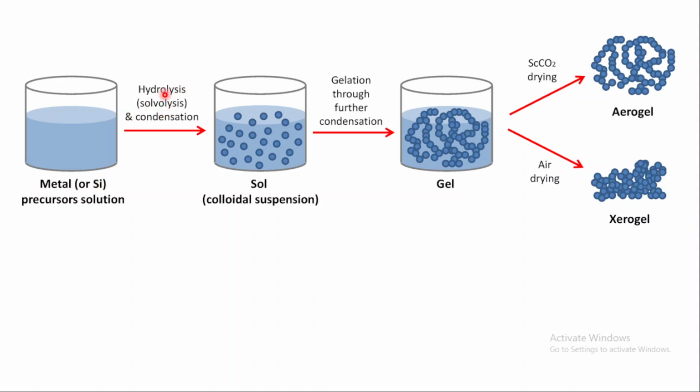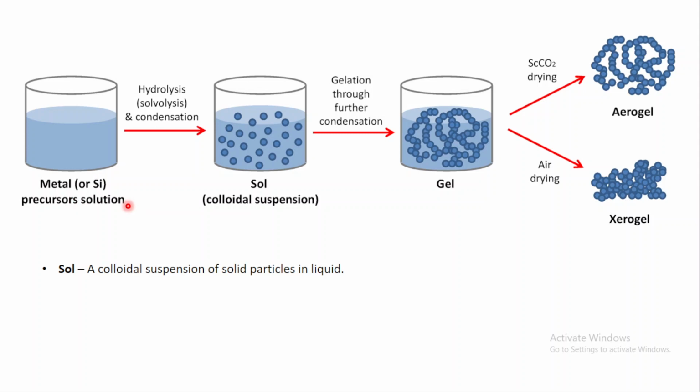So this says that a hydrolysis reaction is performed to obtain a component of the sol-gel synthesis known as sol. Sol is the colloidal suspension of solid particles in liquid. So in a liquid medium, we have a colloidal suspension of these metal precursor solutions. This constitutes the sol particles.